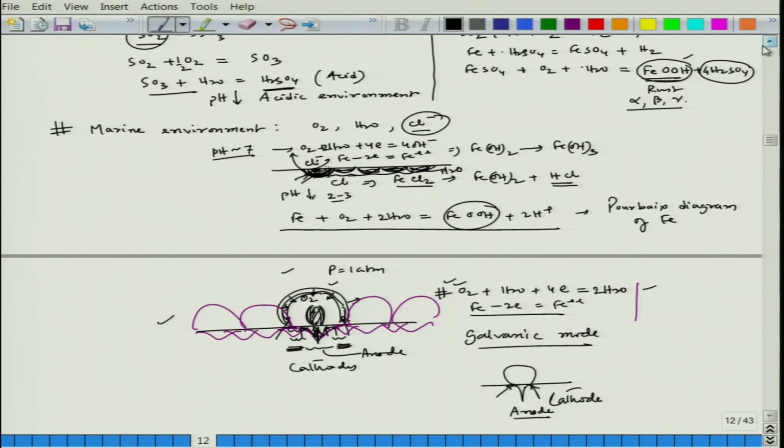So, now if we see carefully, we can check out the protection right now. As you see, the culprits are nothing but oxygen, H2O, chlorine ion, SO2. If we get rid of them, definitely you do not have the severity.